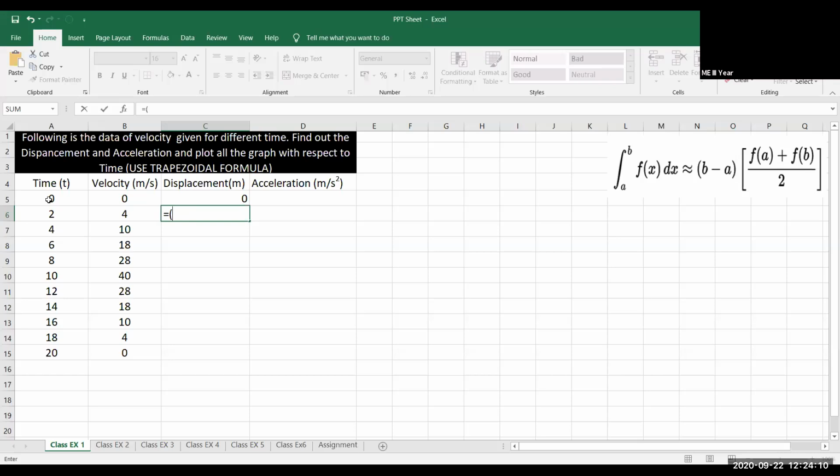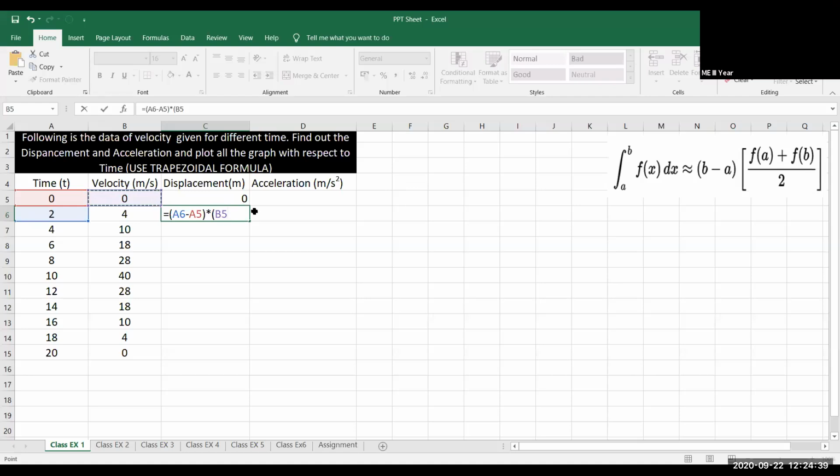After that, what formula is there? Multiplication is there, so we have to put the multiplication sign. After that, FA. So this is the FA value. Our function is nothing but the velocity. We are integrating velocity, so that's why our FA will be the velocity. And this will be the FB value.